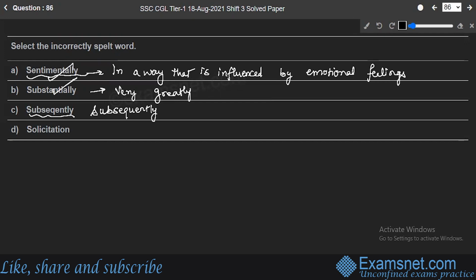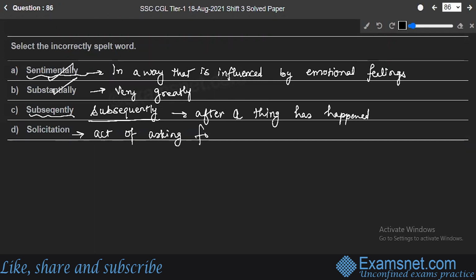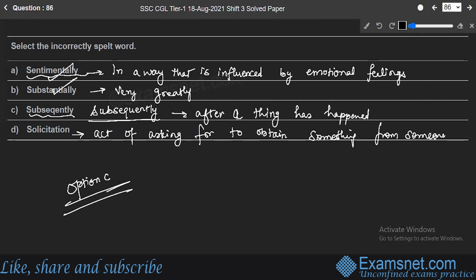The word subsequently means after a particular thing has happened. Next is solicitation, which means act of asking for, to obtain something from someone, right? So option C, subsequently, is the incorrectly spelled word in our question and our answer to the question.